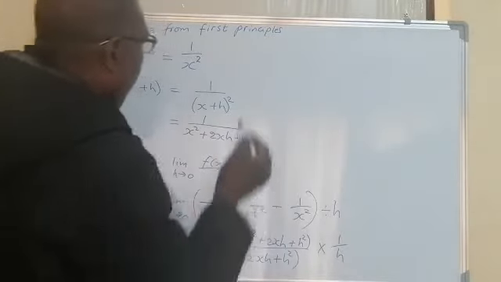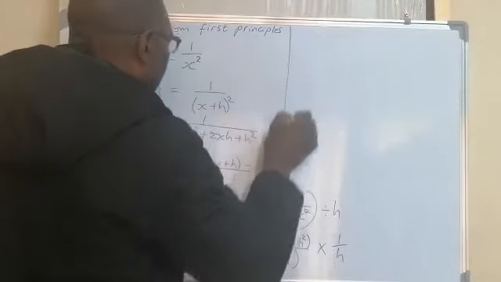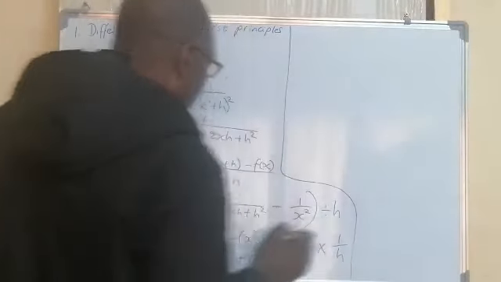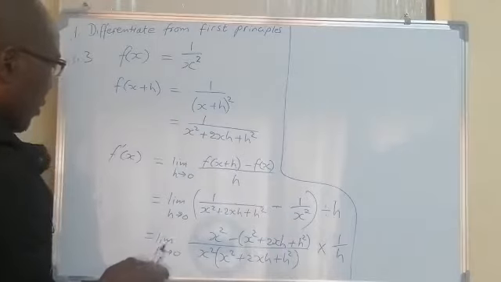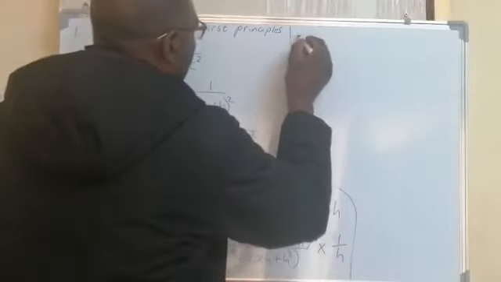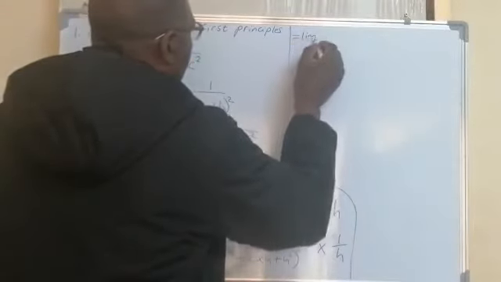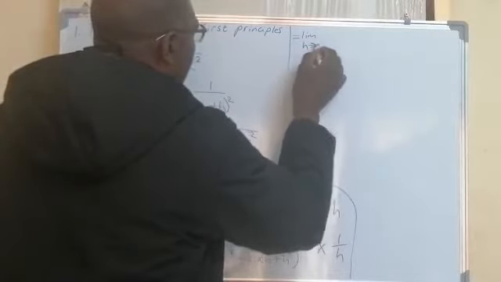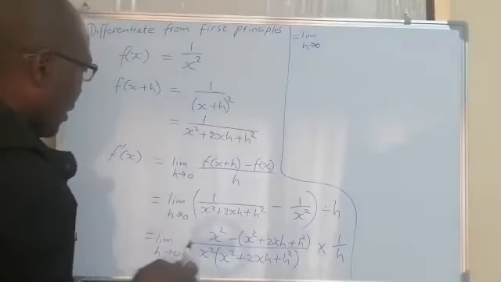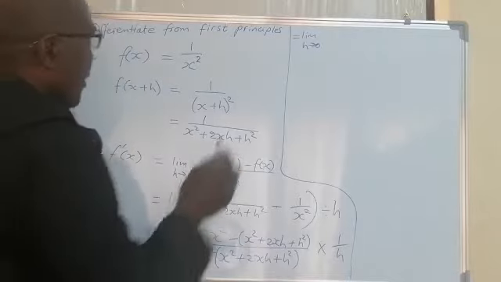Next, we go on and we have limit h to 0, and then we remove the brackets.